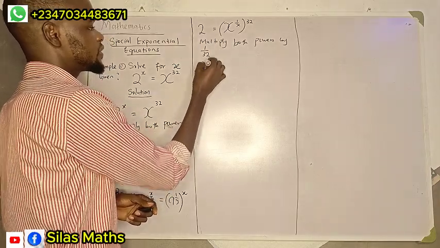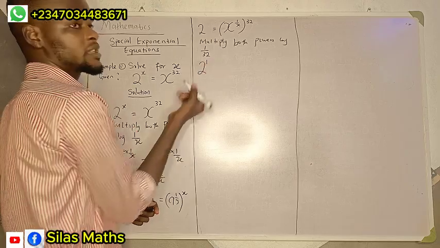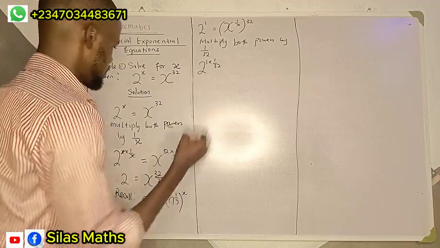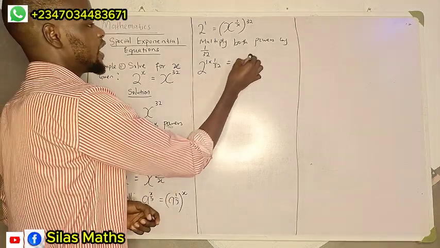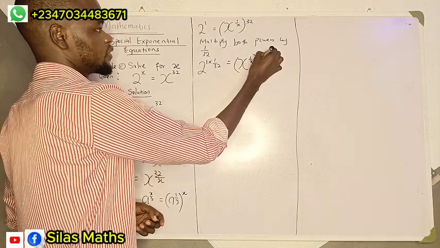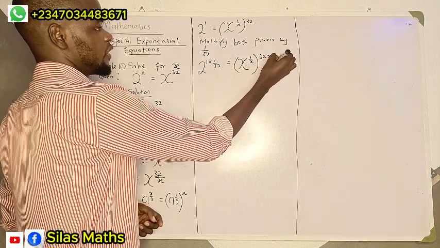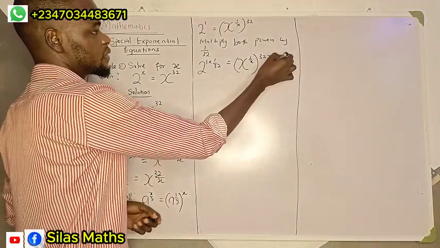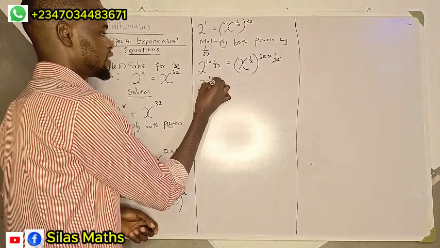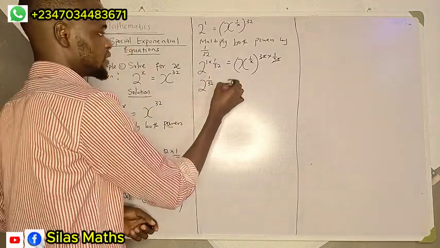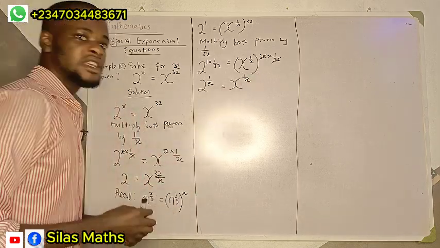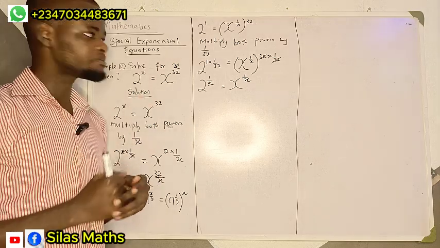So I will now have 2 raised to the power of, remember it was 1 that was here, the power here was 1, times 1 over 32, equal to x raised to the power 1 over x, close bracket, 32 times 1 over 32. Of course, this will cancel out, so I'll have 2 raised to the power 1 over 32 equal to x to the power of 1 over x. Yes, we've collected like terms now.